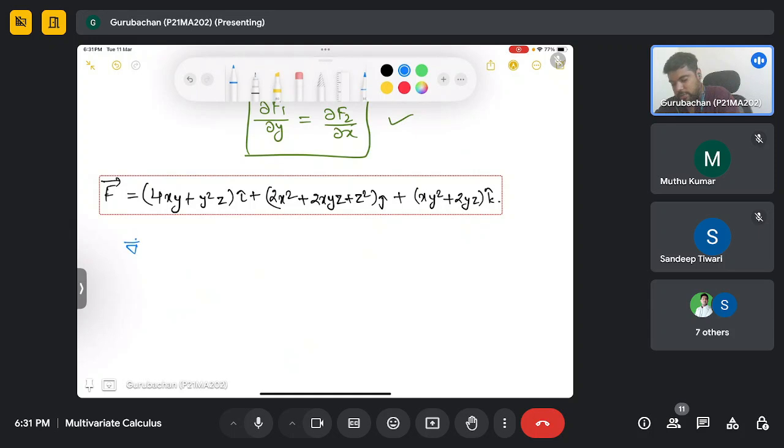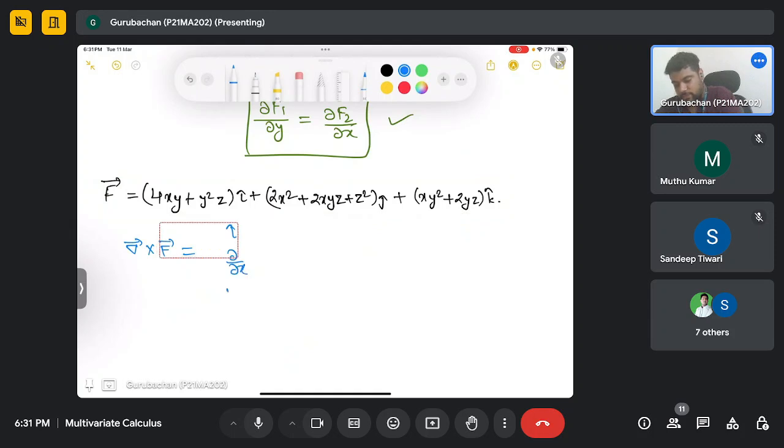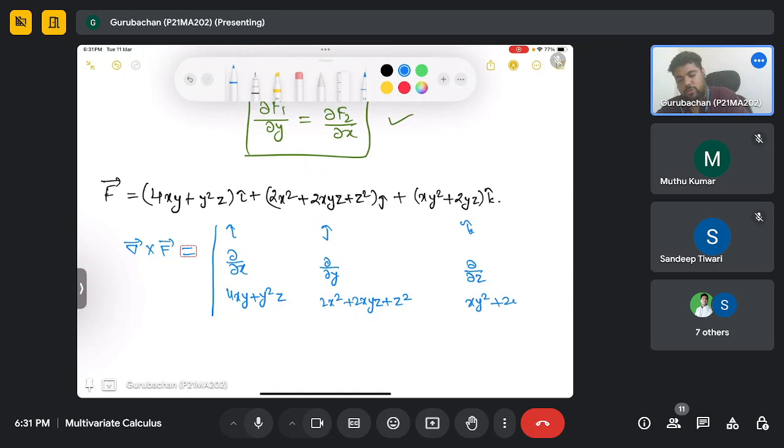So del cross f is equal to i cap del by del x, 4xy plus y square z. Next one is j cap del by del y, 2x square plus 2xyz plus z square. k cap del by del z, xy square 2yz.